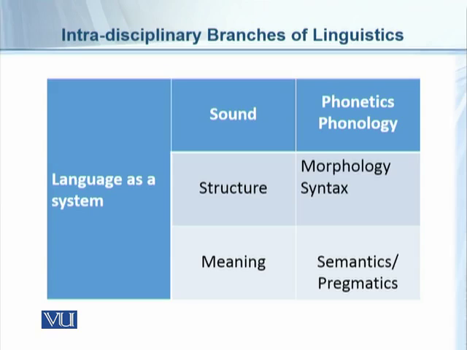And structure: morphology and syntax. When we talk about the structure of the language, we get morphology. Morphology discusses the individual structure of the word, how words are formed. So we study suffixes, prefixes, roots, stems, etc. Meanings, semantics, so how words give meaning.